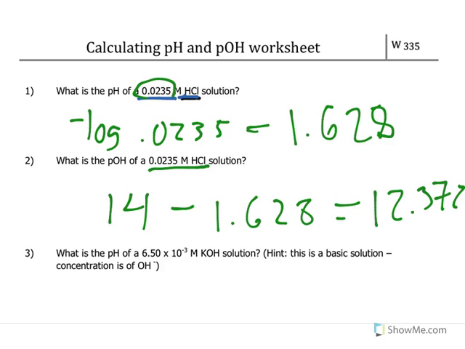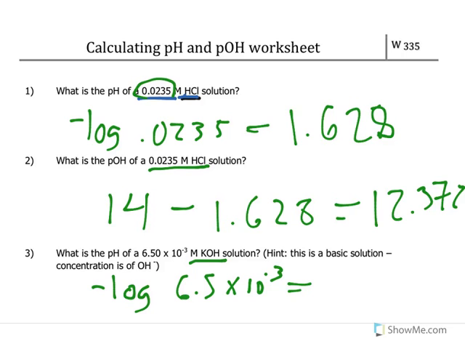The third one here says, what is the pH of a 6.5 times 10 to the negative third molar KOH solution? This is a little tricky. Because this is a base, we can't just do the negative log of it to get the pH. If you take the negative log of a base, which is 6.5 times 10 to the negative 3, the negative log of the base gives us the pOH.